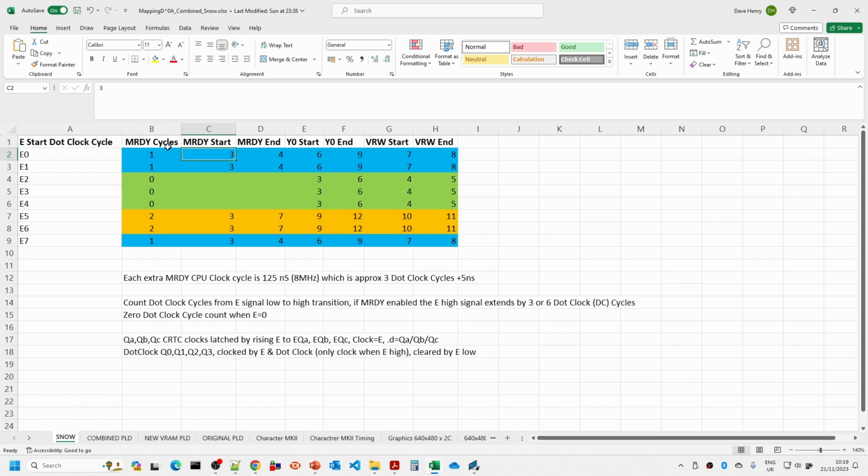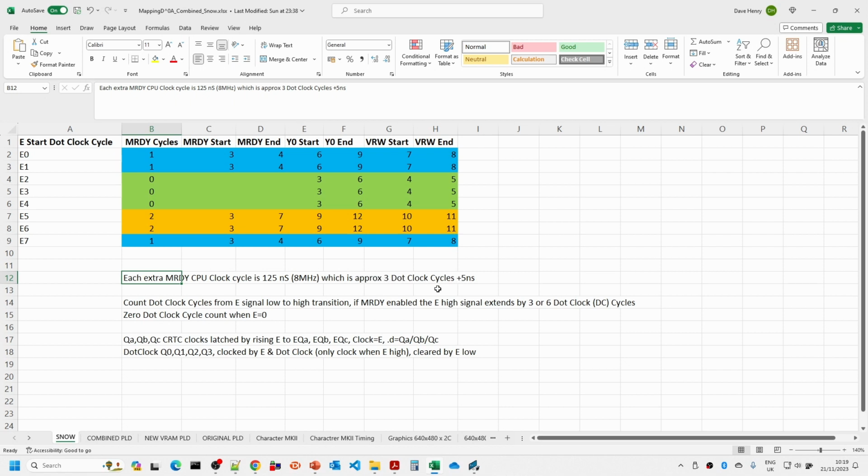Basically we've got 3 groups of clock signals here. The blue ones have the same MRDY cycles and the same configuration for the start and end of the MRDY, Y0 and VRW signals, and then we've got the 3 with 0 MRDY, and then there's the 2 here. Each MRDY CPU clock cycle is 125 nanoseconds, which is approximately 3 dot clock cycles.